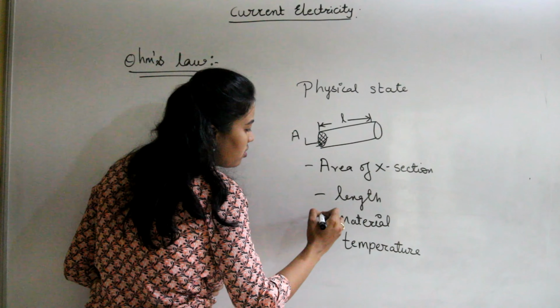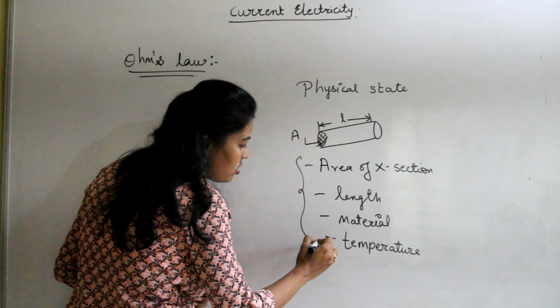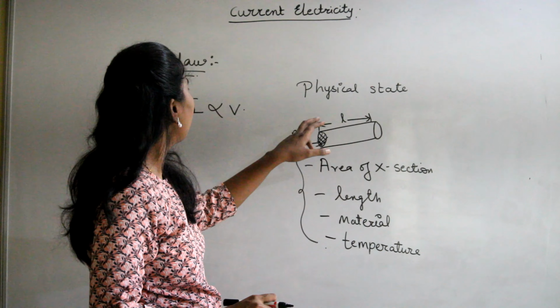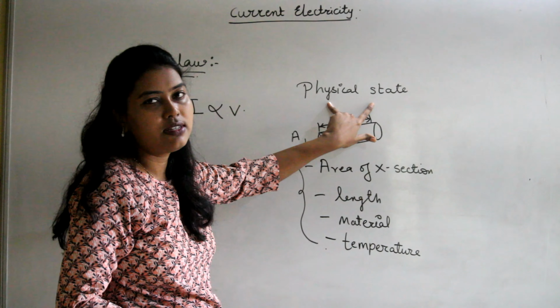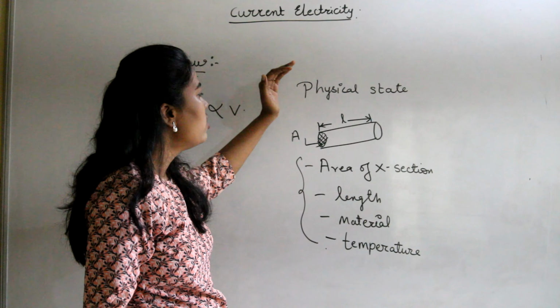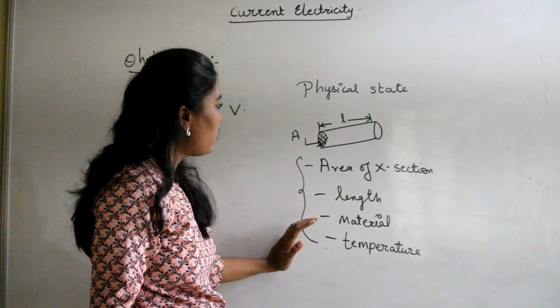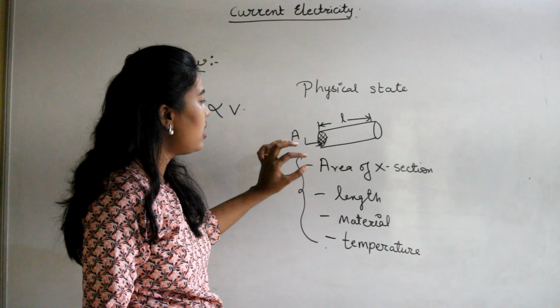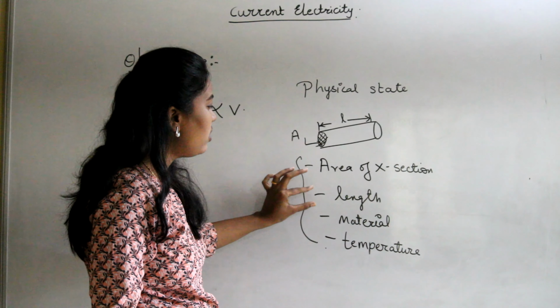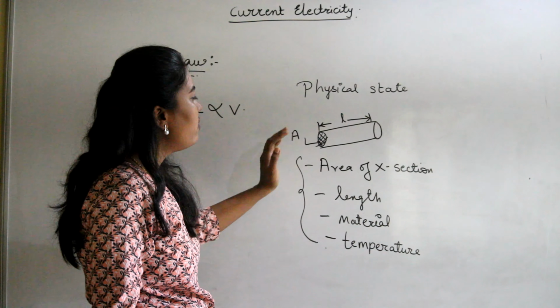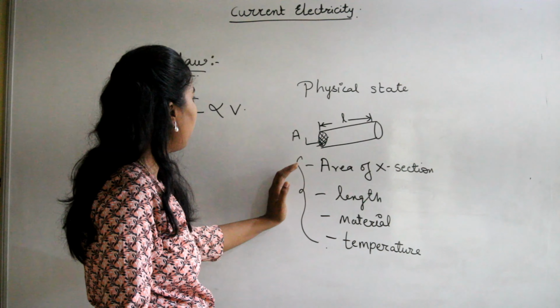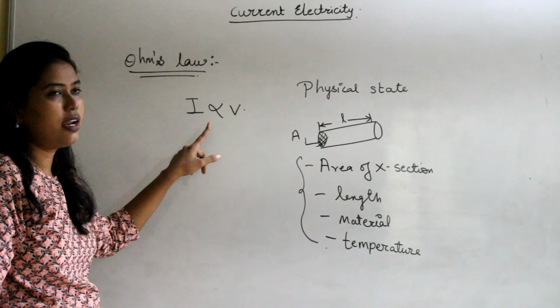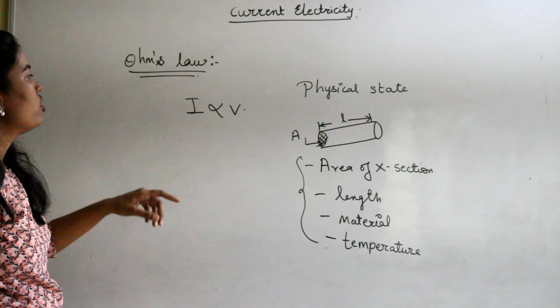If these four parameters are constant, then we say that the conductor has the same physical state. It doesn't vary with time. So all these parameters of the conductor should not change. It should have the same area of cross section, length, material, and temperature. If all these parameters remain the same, then only the current is directly proportional to voltage.